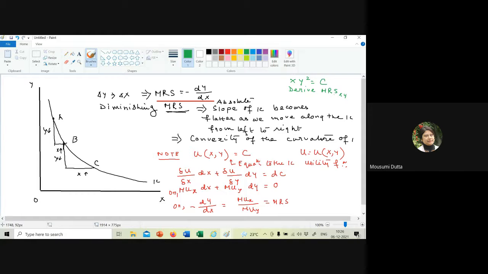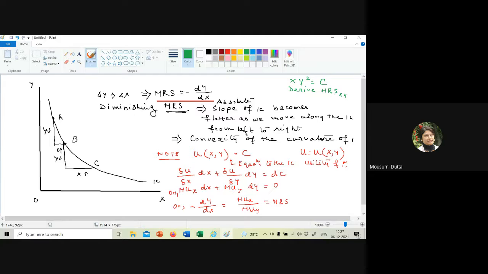y² dx plus, next, what will be the value? 2xy dy. Very good, because I have y squared; if I take the derivative with respect to y², we get 2y, and x is already there.